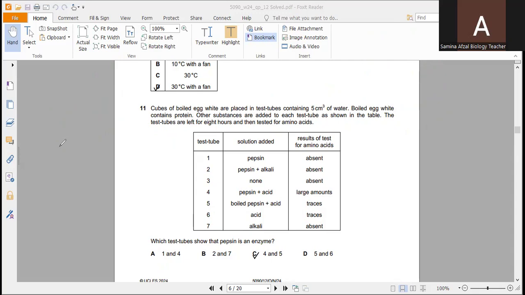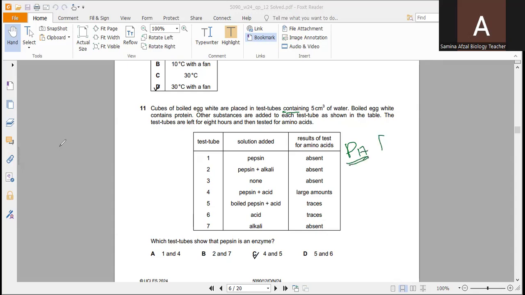So, in test tubes containing boiled egg, if we add pepsin into it, the result of the test for amino acids is positive. It means the pH should also be maintained.